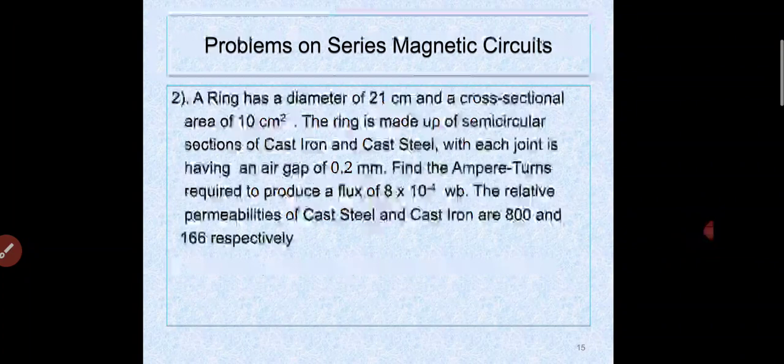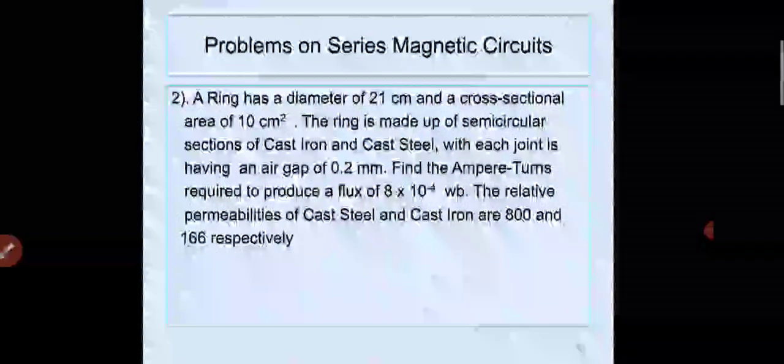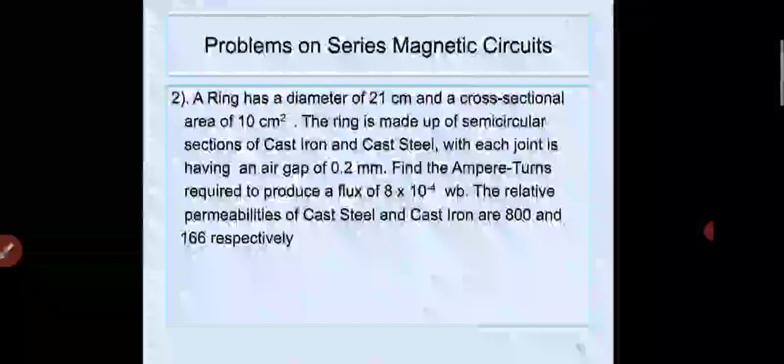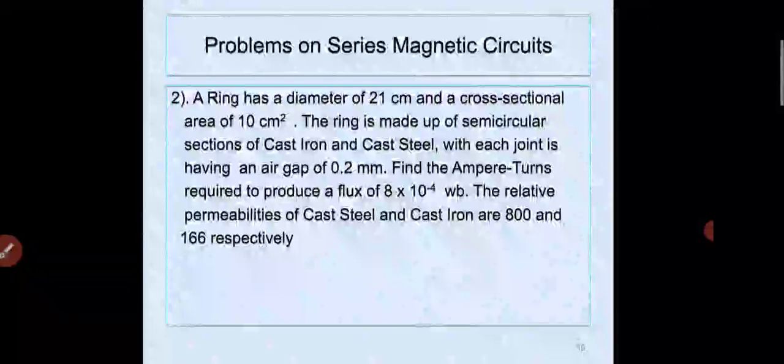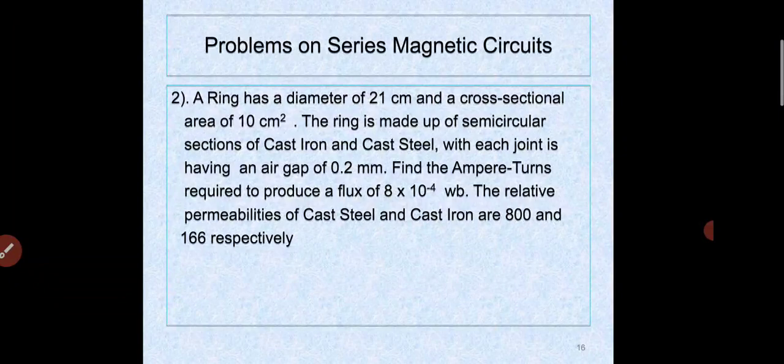Okay, next, problem 2. Problems on series magnetic circuits. The second one: a ring has a diameter of 21 centimeters and a cross-sectional area of 10 centimeters square. The ring is made of semicircular sections of cast iron and cast steel, with each joint having an air gap of 0.2 mm.